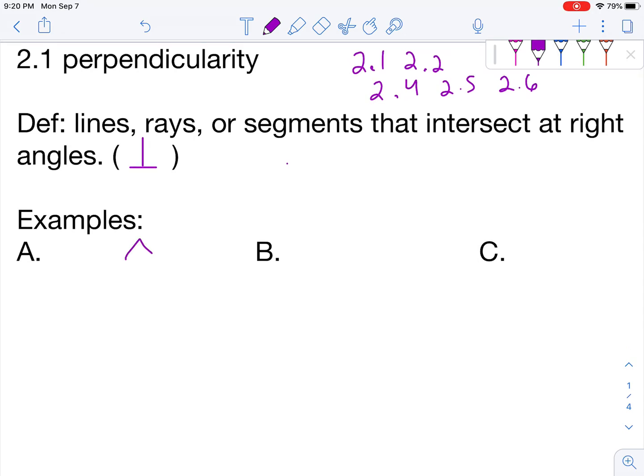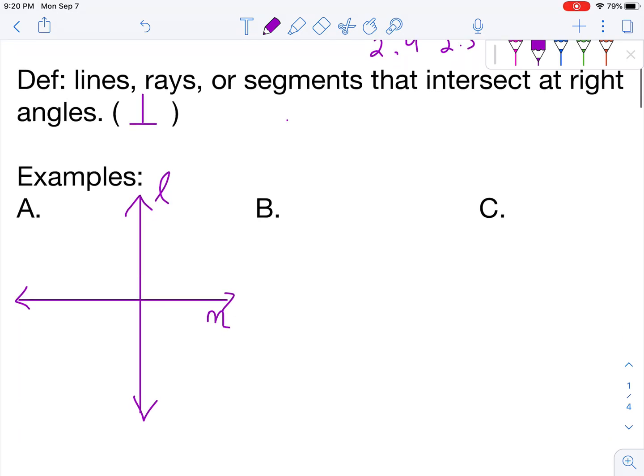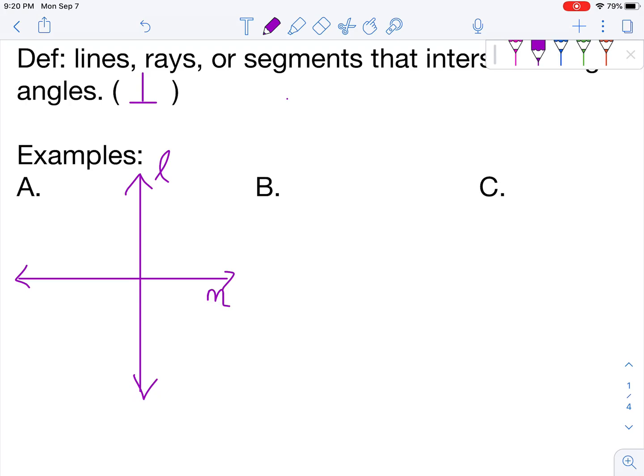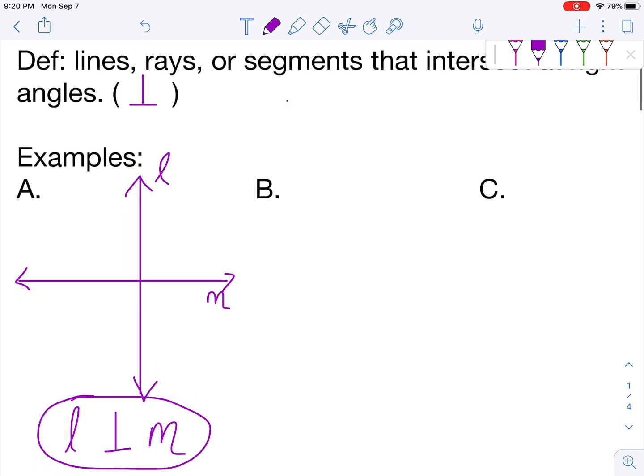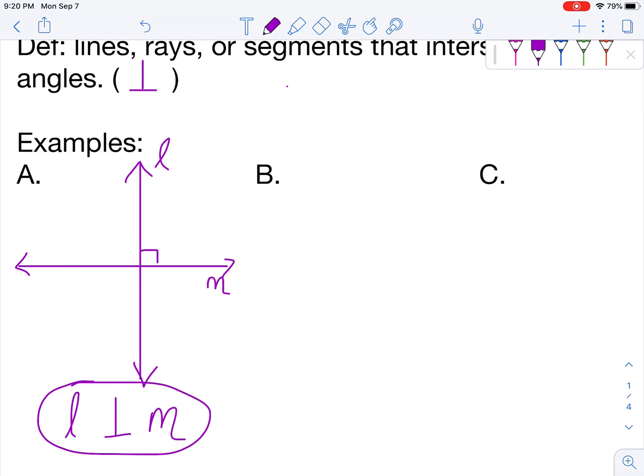We can have lines. So here are 2 lines, for example, and this line is going to be line L, and this is going to be line M. So what I would do is I would say line L is perpendicular to line M. Okay, line L is perpendicular to line M. And if I saw this, then again, I know that it intersects at right angles.